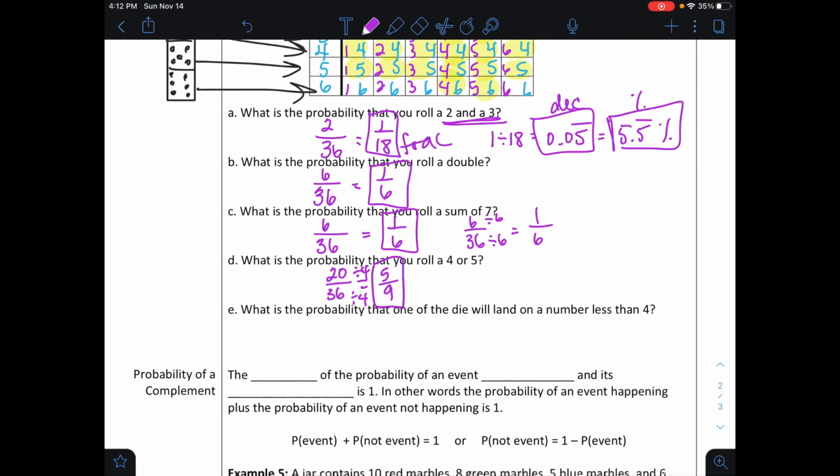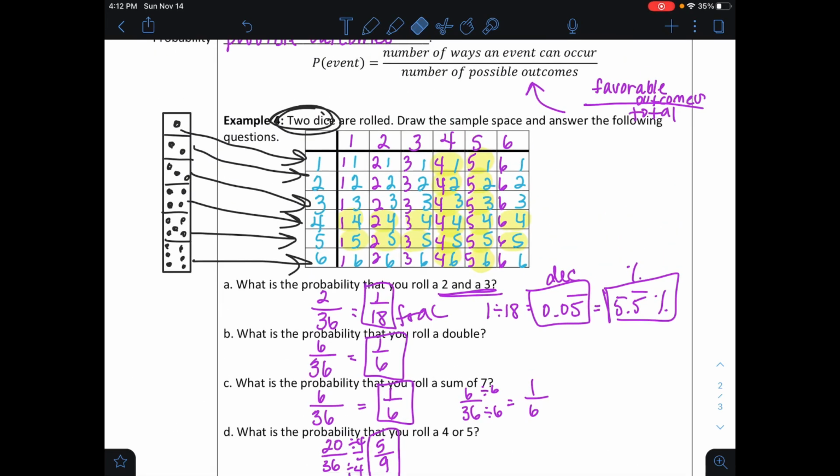All right, what's the probability that one of the die will land on a number less than 4? All right, so let's look at the numbers less than 4. So I see here we got all of these numbers. This is all less than 4.